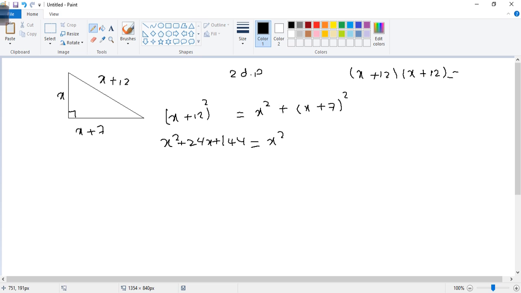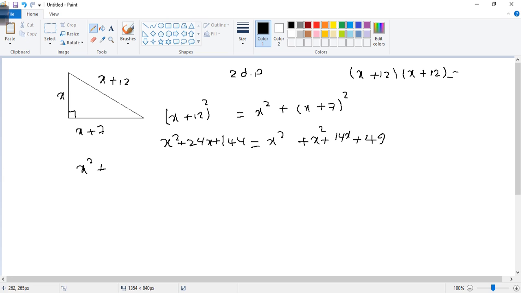Equals x squared plus, here we do the same: x squared, the first, the second, 7 squared is 49, and the first times the second times 2, x times 7, 7x times 2 is 14x. We put all this together and we simplify.